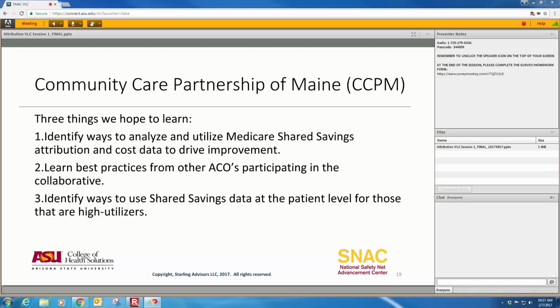And then also using the data from specifically the Medicare Shared Savings Program to look at costs and how we do that at the individual level and how we do that at the aggregate level. So really just trying to learn from all of you who are doing this work as well.